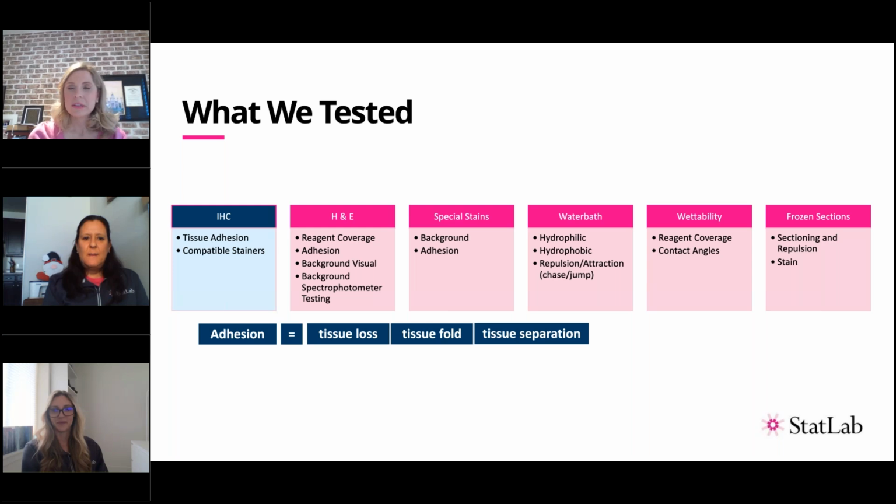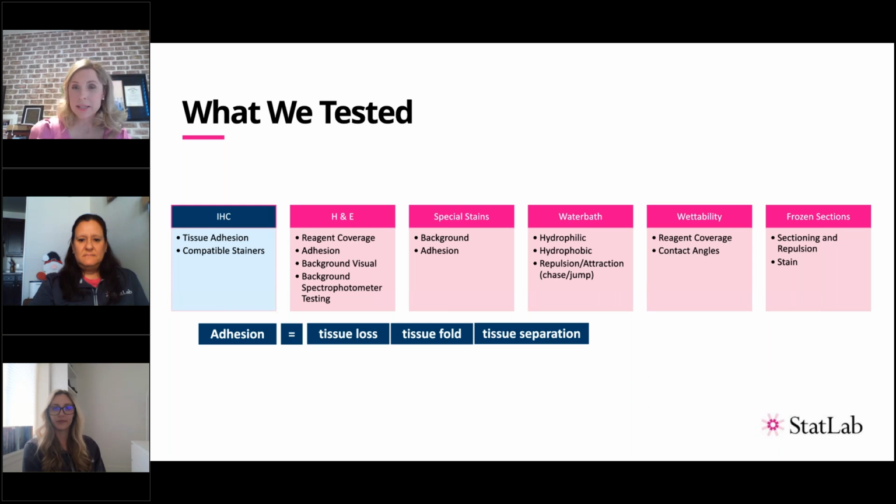So just a little bit more about what we tested. We tested IHC. We were looking for adhesion. We looked at stainers. For H&Es, we looked at reagent coverage, making sure that reagent went all over the slide so that some tissue didn't get left off. We were looking at background staining. We measured background staining with a fancy tool called a spectrophotometer. We looked at special stains. We tested in the water bath.